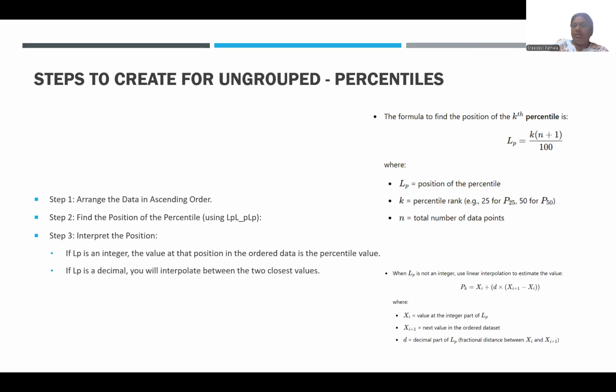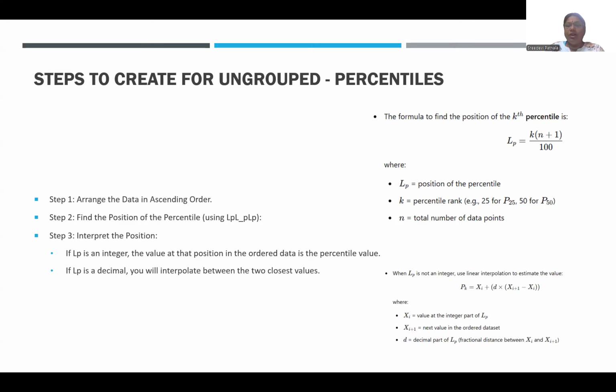So now same thing: arrange the data in ascending order, find the position, and interpret the position. If the LP value is an integer, how do we calculate? And if LP is a decimal, how do you interpolate that value to the closest value you will find out.